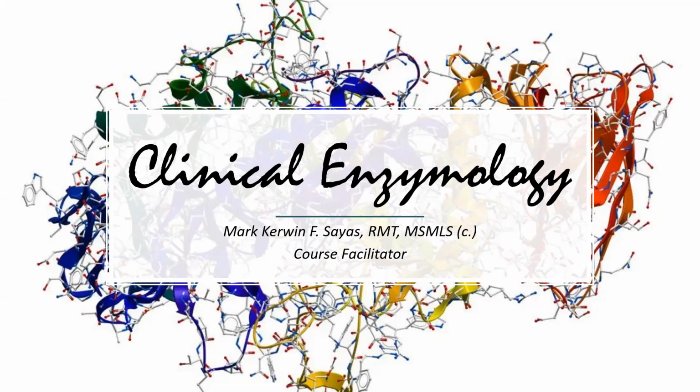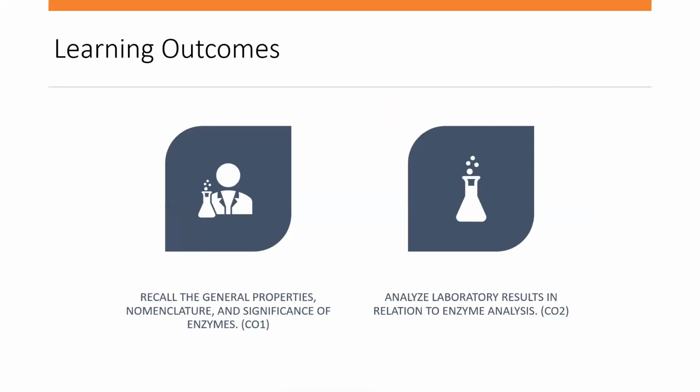To start with, our learning outcomes are as follows. Number one is to recall the general properties, nomenclature, and significance of enzymes. Now, what is the purpose of the enzyme in the biological mechanisms or biological reactions that occur in the human body, as well as, of course, for you to understand and analyze the laboratory results in relation to enzyme analysis.